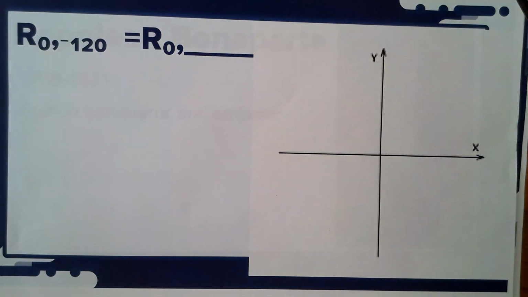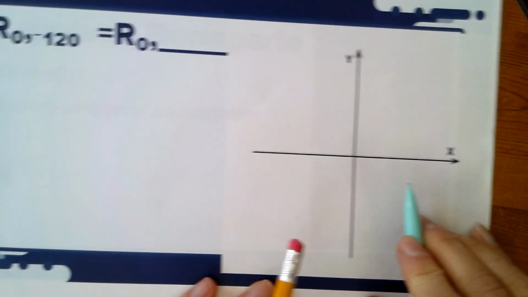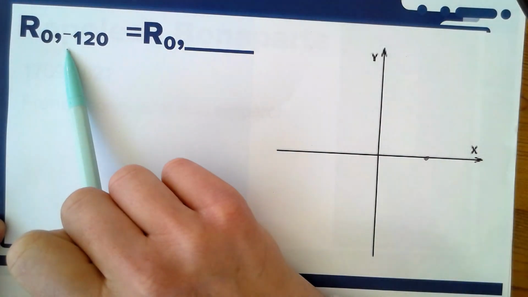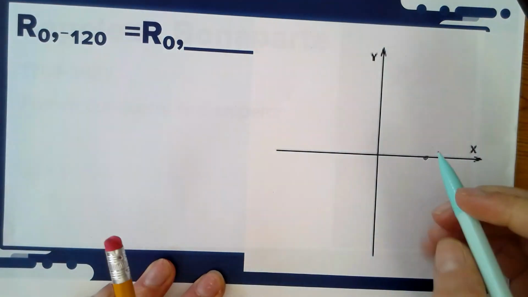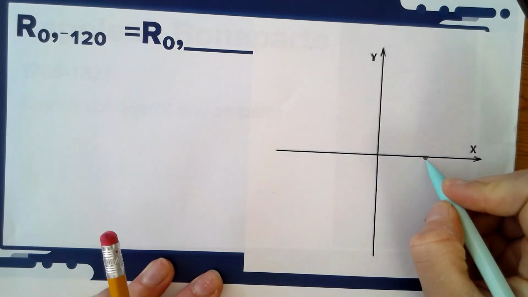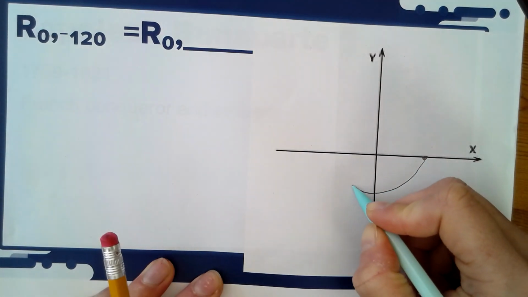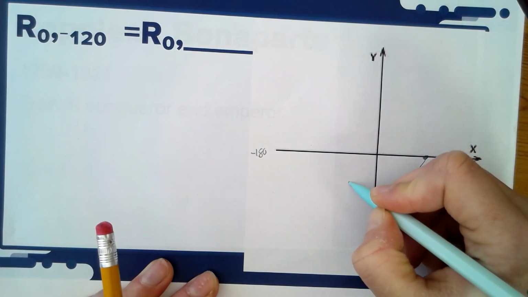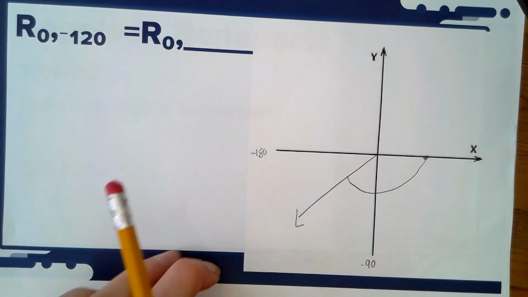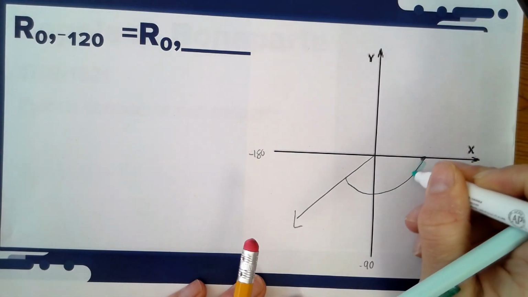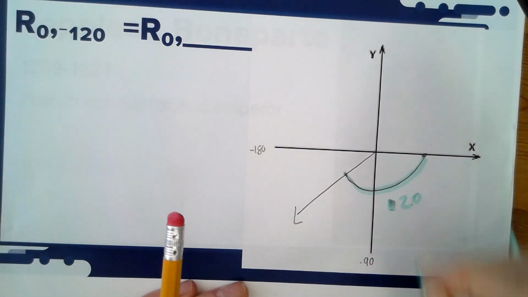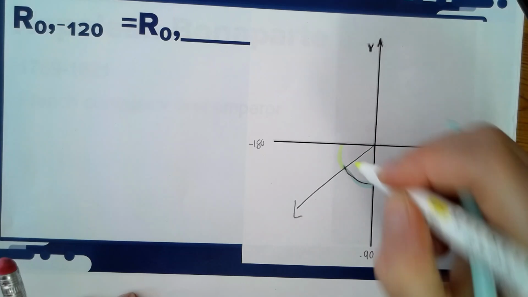If we were going to start on the x-axis and rotate negative 120 degrees, that means we would be going this direction, and this would be negative 90, this is negative 180, so we end up somewhere in here, with 60 degrees from the x-axis.